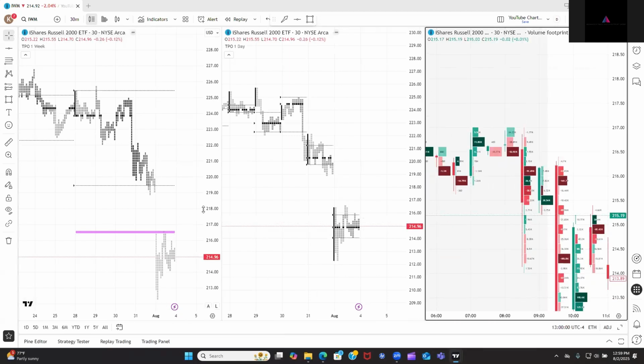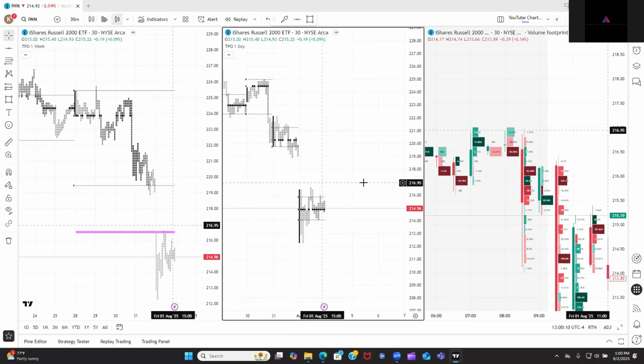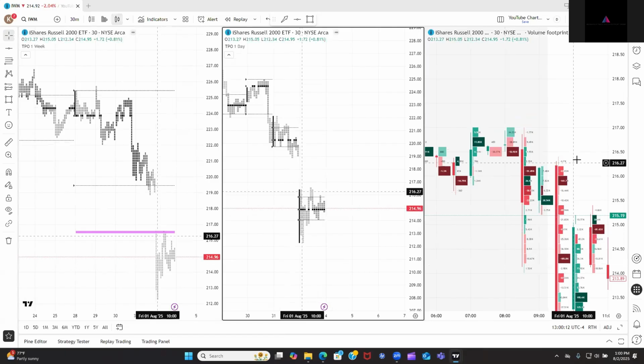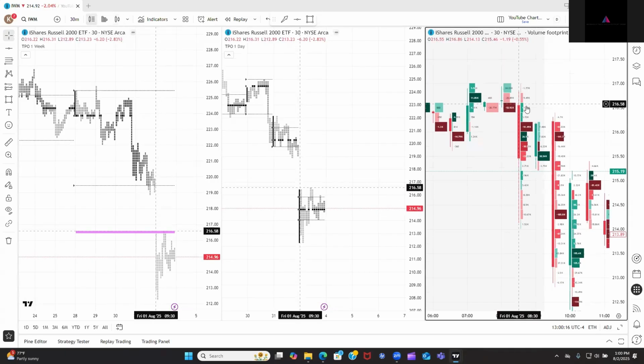All right. Lastly, before we go, now that we have the far left, which is the weekly TPO, and I have it extended, the middle, which is my daily TPO, and I have it extended, and then lastly, the right chart is my volume footprint, being able to look inside the candles to see exactly what happened at what price point.